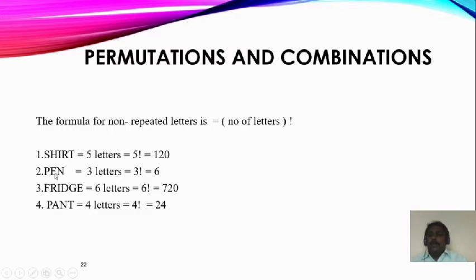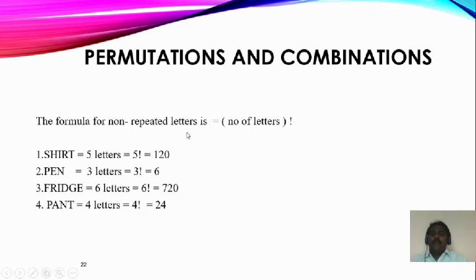Now PEN. In PEN also there are no repeated letters. It has total letters of 3. So 3 factorial is 3 into 2 into 1, that is equal to 6. Now FRIDGE. It is also not having repeated letters. So it has 6 letters. 6 factorial is equal to 6 into 5 into 4 into 3 into 2 into 1, that is equal to 720. Now PANT also has 4 letters. There are no repeated letters.